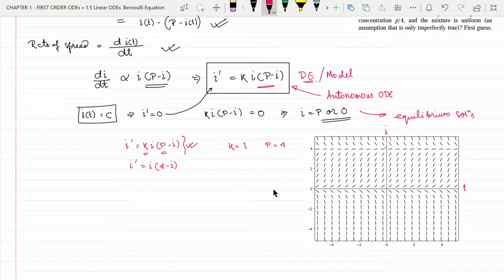You can see at I equal to P, let us assume this as P, the solutions closer to it come towards I, and for I equal to 0, the solutions go away from I. That is why this I equal to P is a stable equilibrium point, and this one I equal to 0 is an unstable equilibrium point.